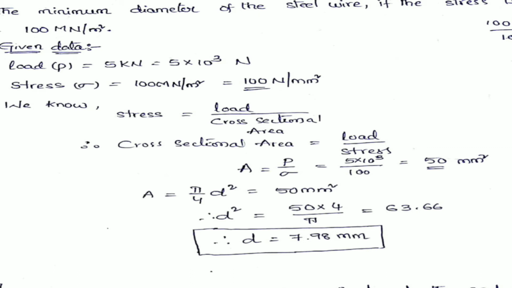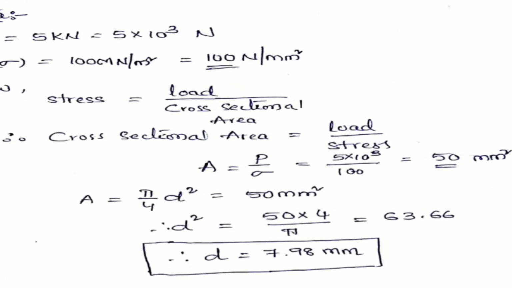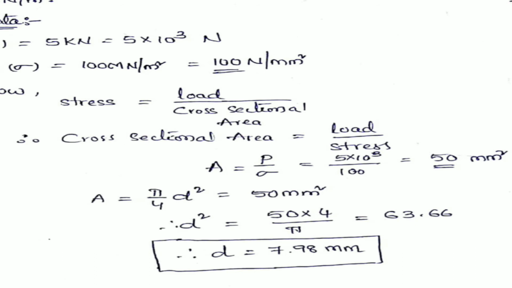You know, stress is equal to load by cross sectional area, so cross sectional area is equal to load by stress. Finally, find the area: A is equal to P by sigma, that is 5 into 10 to the power of 3 by 100, which is 50 mm square.